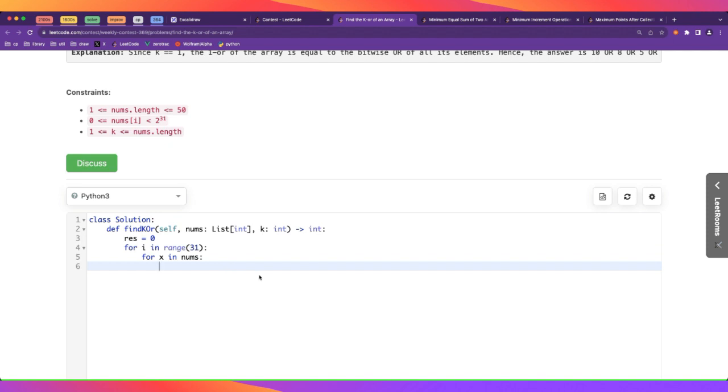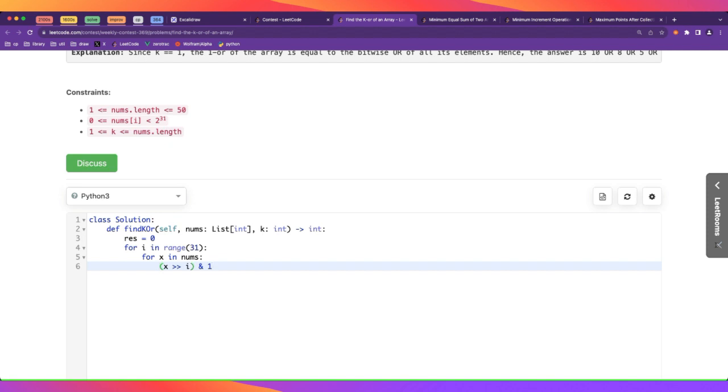So we want the ith bit of x. For that, we can shift the number i times to the right. That means that the bit that we care about is going to be in the least significant place after the shift. Then we AND it with 1, and we isolate that bit. Every other bit to its left is going to be zeroed.